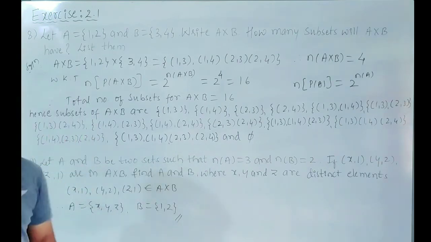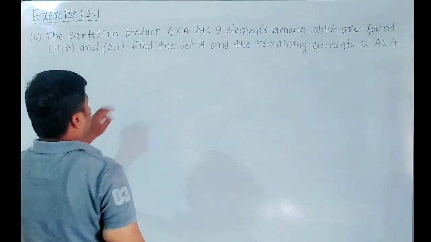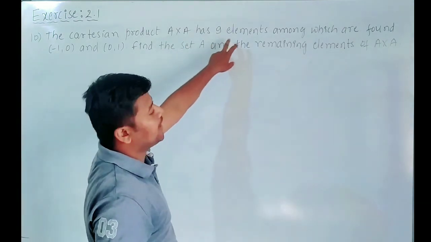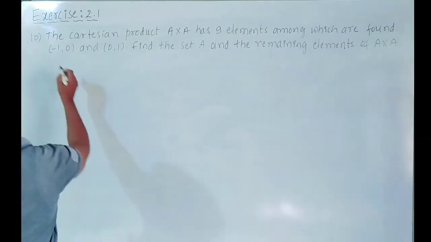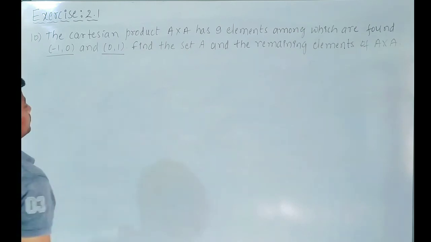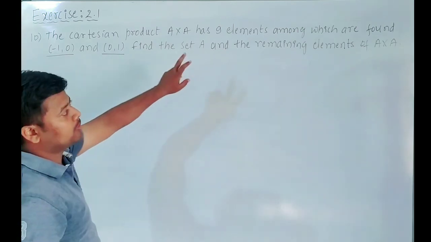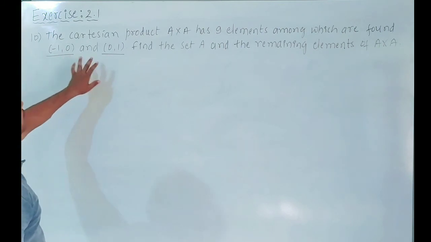Okay, note down. Next, 10th question. The Cartesian product A cross A has 9 elements, among which are found (-1, 0) and (0, 1).